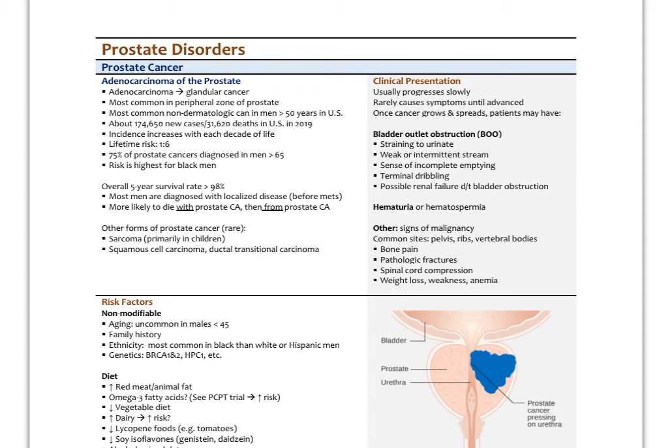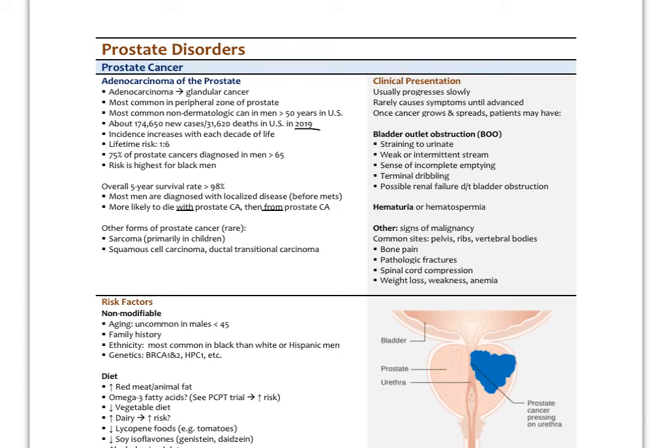That was in 2019. And the incidence increases with each decade of life. The lifetime risk is about 1 in 6, and 75% of prostate cancers are diagnosed in men over 65. So it's really a cancer that increases with age, and the risk is highest in Black men.